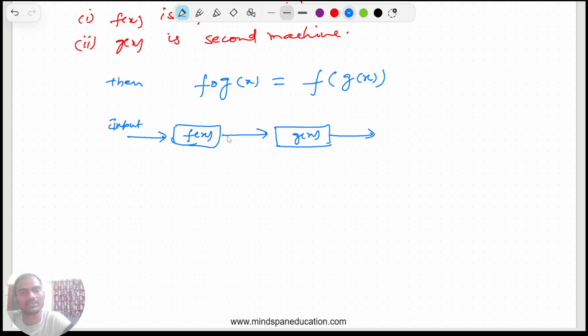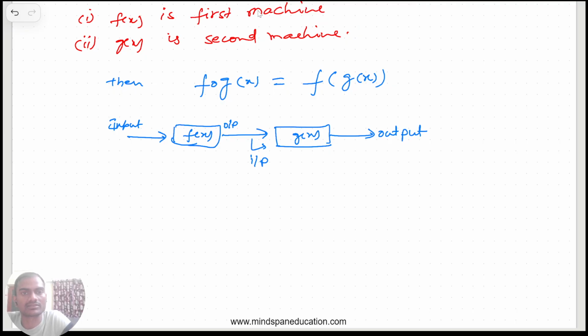Sorry, I wrote it the opposite way, so let's write it as G and F. Since G is inside, G should get the first input.